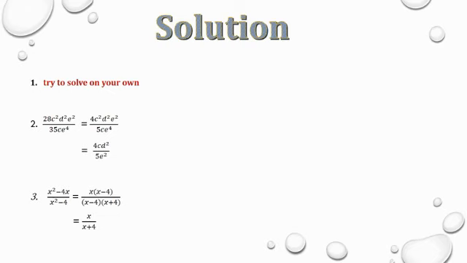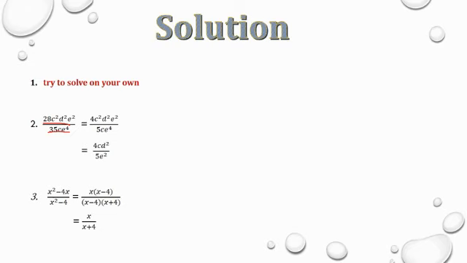Moving on to number 2, we've got the fraction. On the numerator, we've got 28c squared d squared e squared, and on the denominator, we've got 35ce to the power 4. Before we go on to the letters, the unknowns, we can first simplify the numbers.